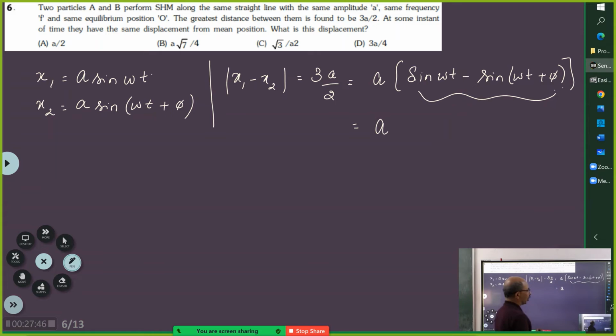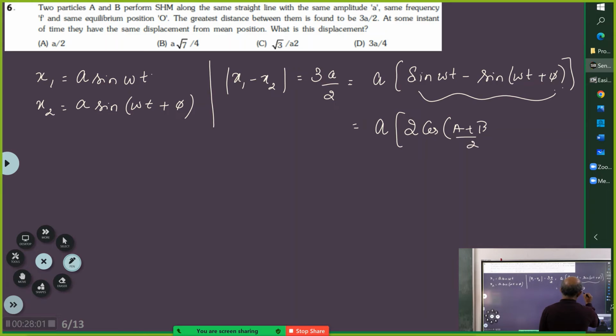Sin A minus sin B, you are going to write it as 2 cos of A plus B by 2 into sin of A minus B by 2. Correct? Now you go with this.